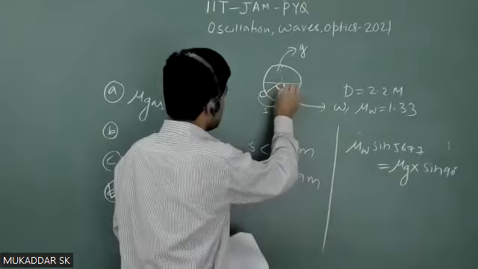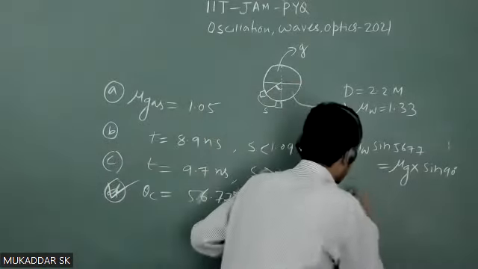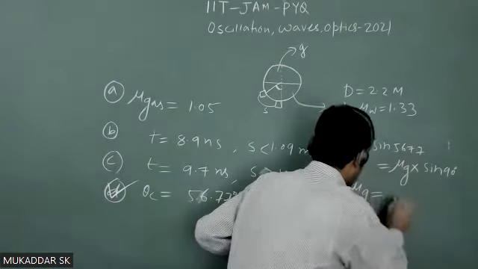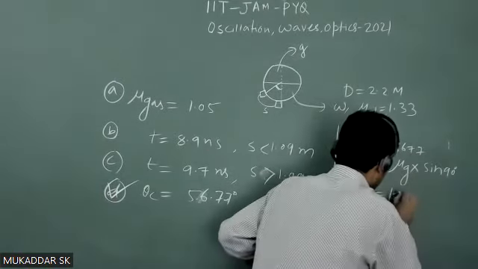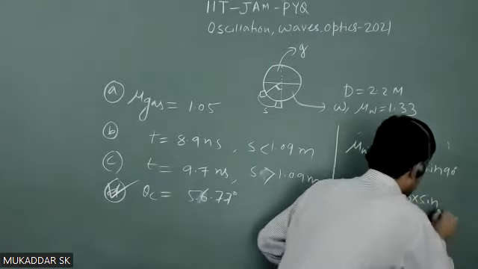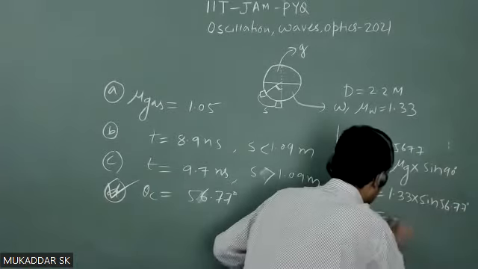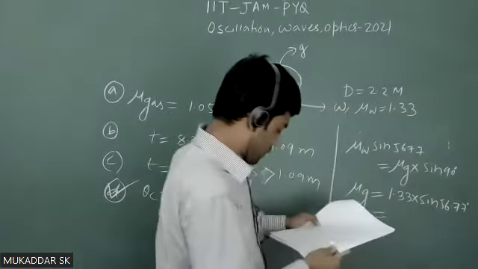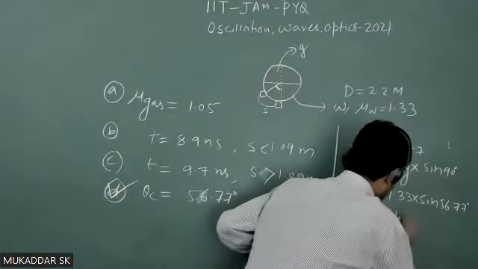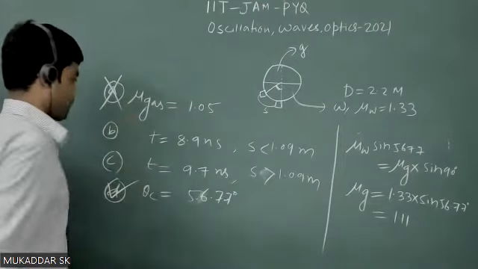Because at theta c, the angle of refraction will be 90 degrees. So it means the refractive index of gas will be the refractive index of water into sine of 56.77. Okay. Now, if you calculate this value, I have calculated it, I got 1.11. So it means option A is not correct.